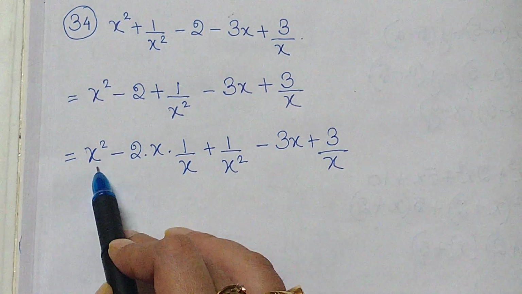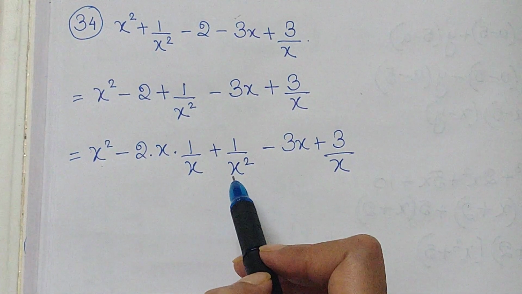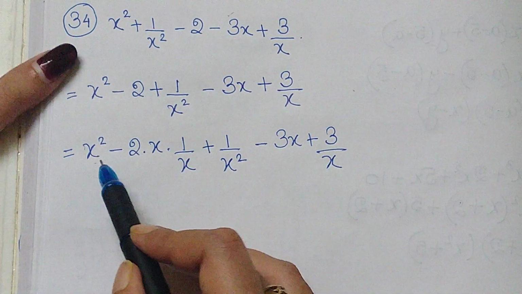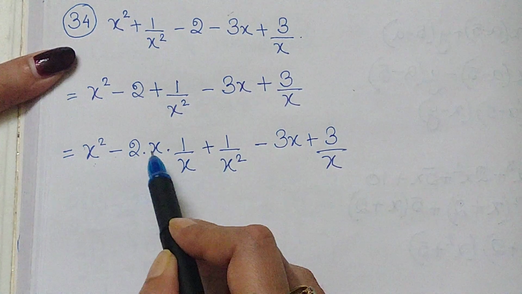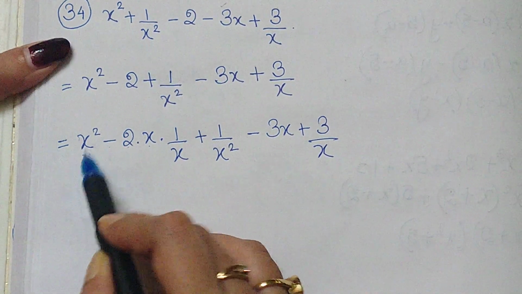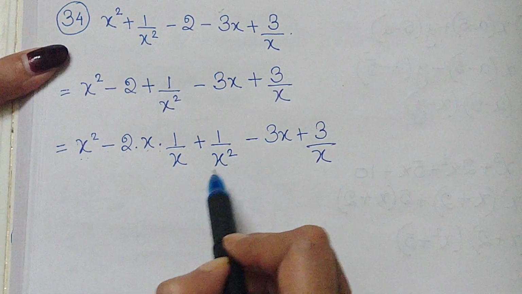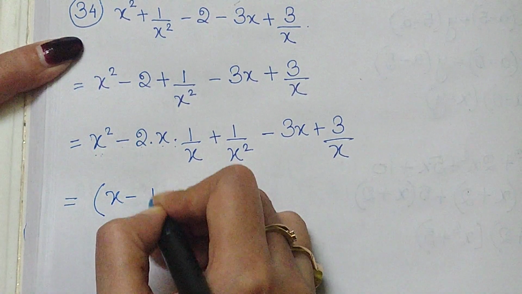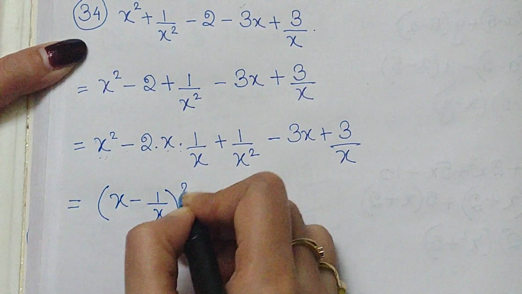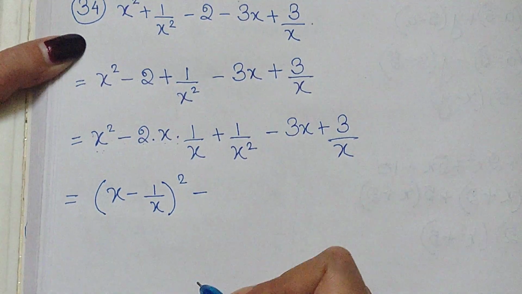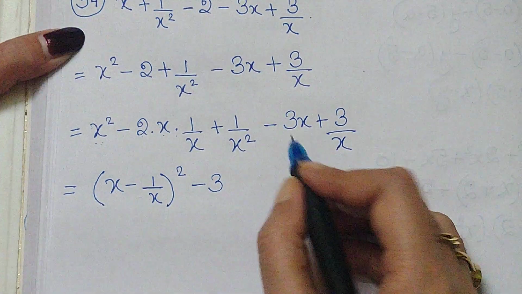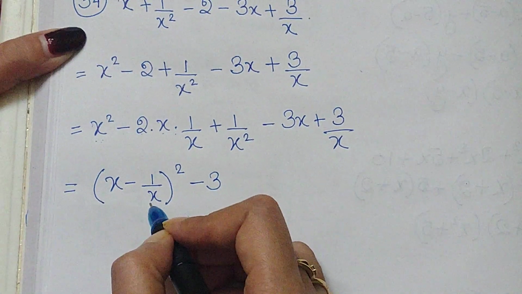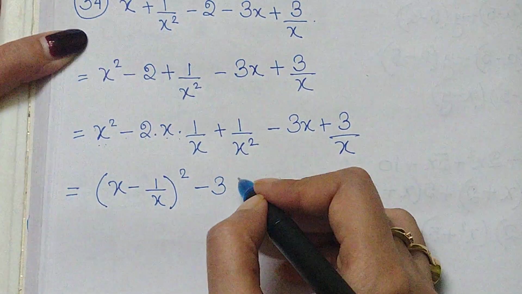And x square is a square term and 1 by x square is also a square term. Now from this one I am getting one identity, that is a square minus 2 into a into b, because this is your a, and this is your b. So I can easily write down that is x minus 1 by x whole square minus 3 I can take common, because if I would have taken plus 3 common, then in this bracket I would not get x minus 1 by x.